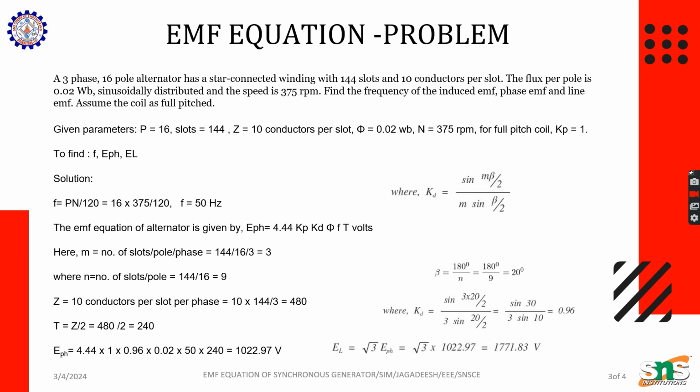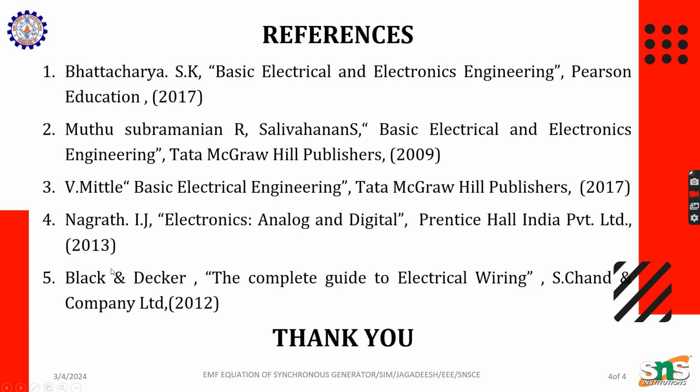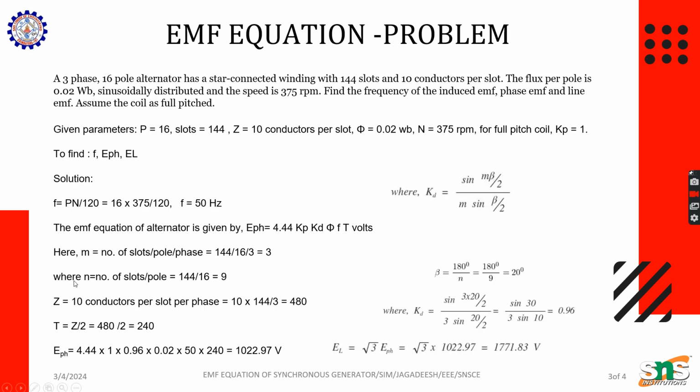The number of slots here is 144 and the poles are 16, so n is 9. Beta is equal to 180 divided by n, so beta is equal to 20 degrees.